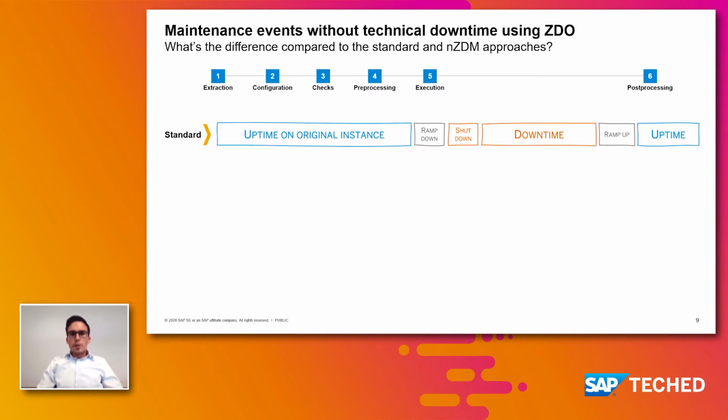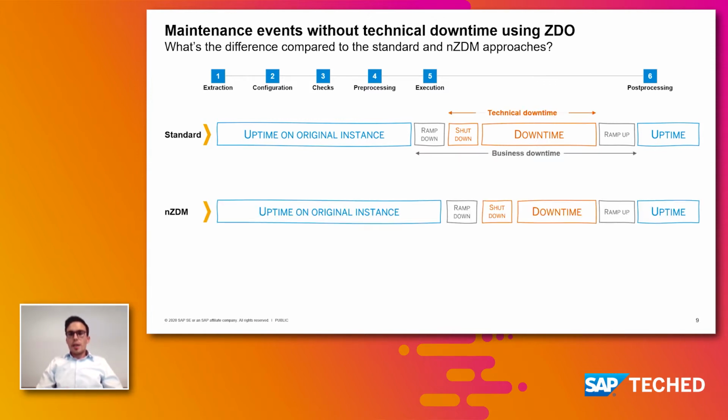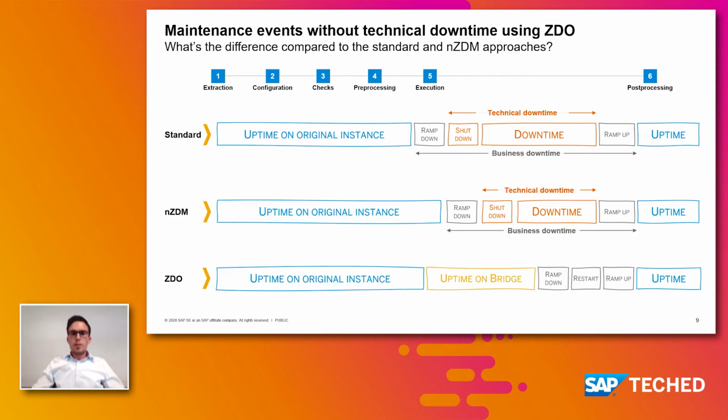Now, with the zero downtime option, let's compare how that looks from a downtime perspective with the nZDM versus the standard versus the ZDO. You can see that already with the nZDM approach, we significantly reduce the technical downtime.